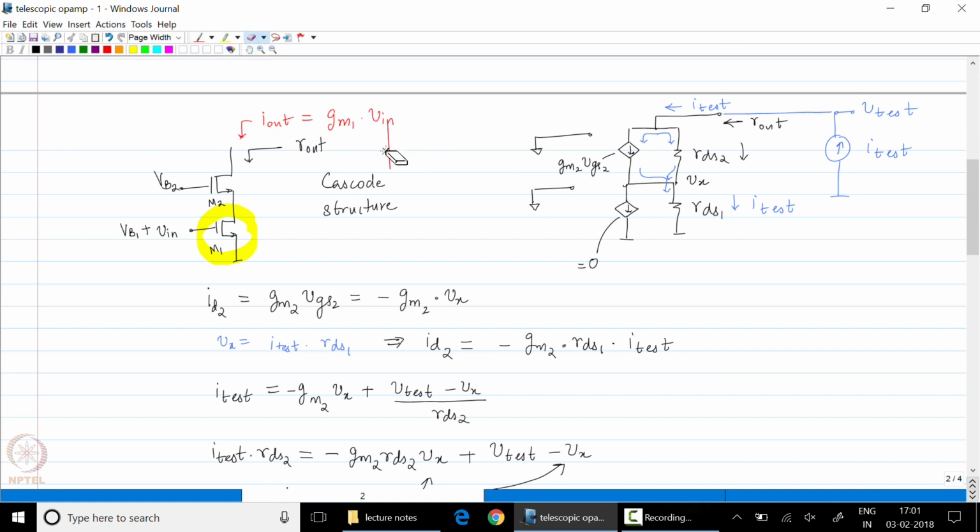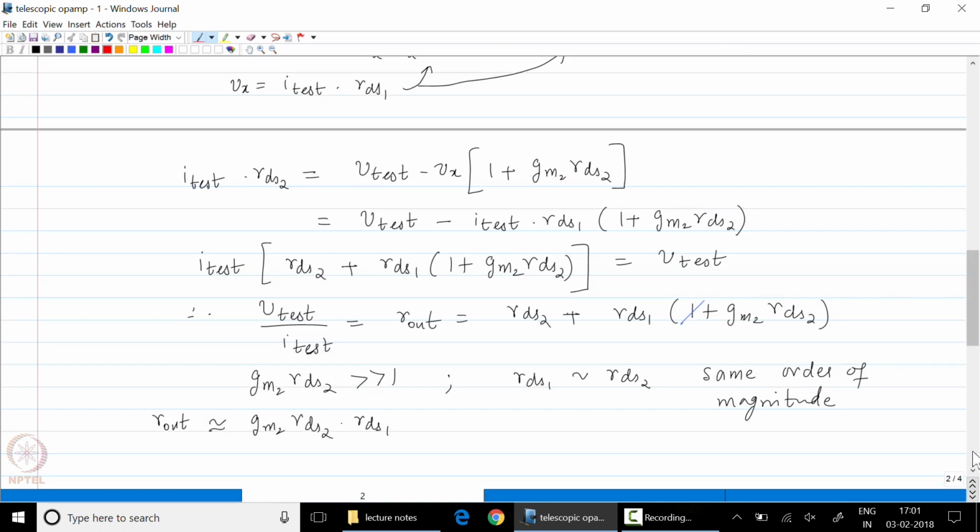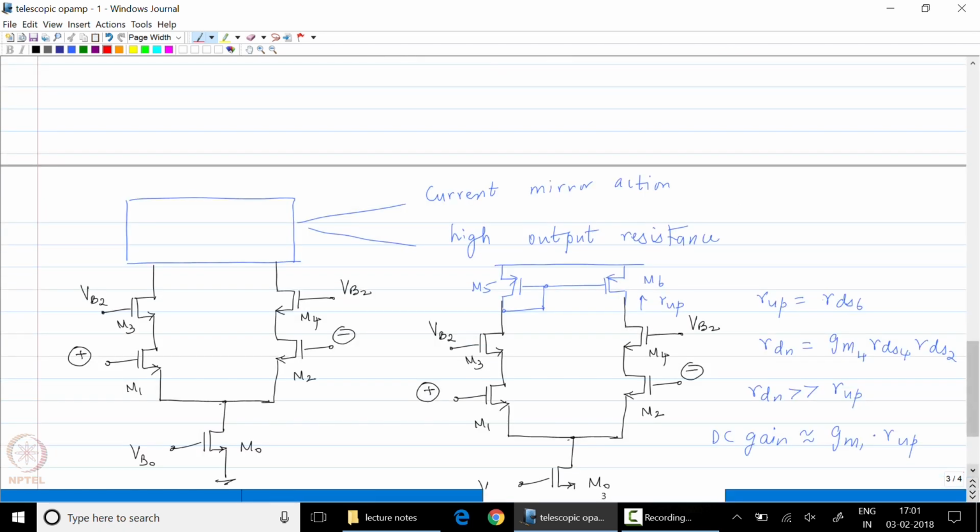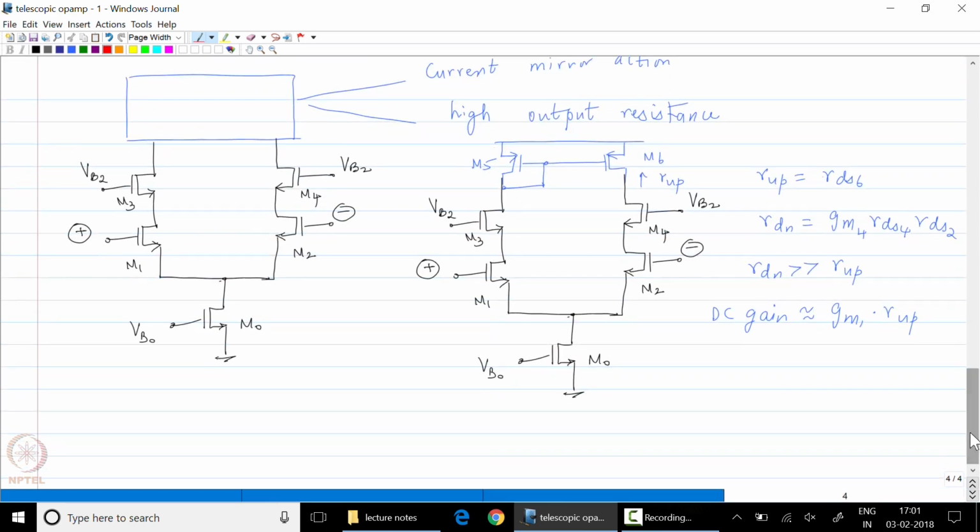So please note this. Therefore, since the DC gain has not increased that much, we need to come up with an even better circuit that will improve the DC gain even further.